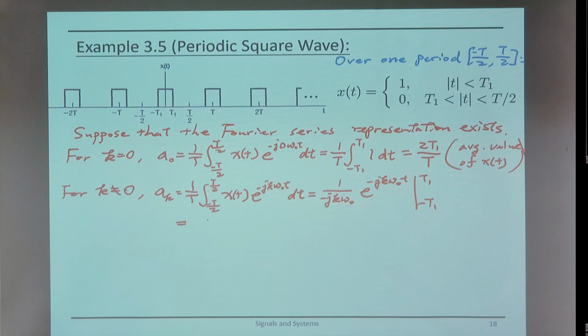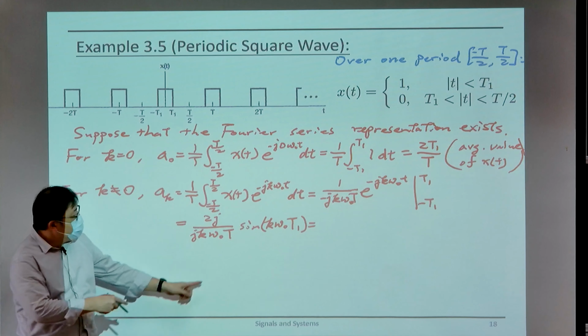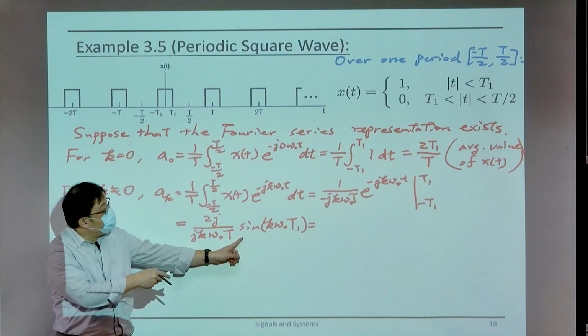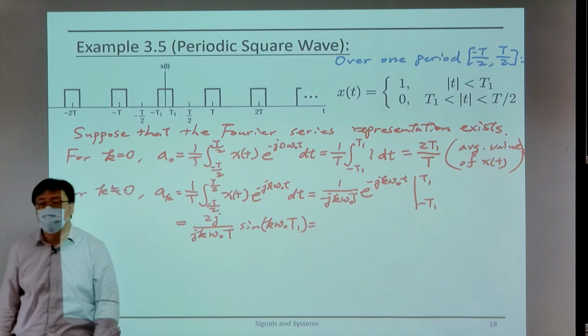So this gives you 2j sine of k omega naught t1 over j k omega naught, oh sorry, I should have a capital T here because of this. This 2j sine comes from subtracting this with t1 and this with minus t1, which is the complex conjugate.